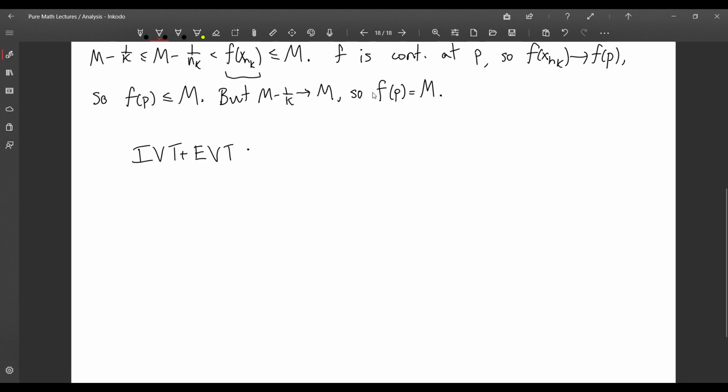And if you put these two things together, you get that if you apply a function f to A to B, the image is going to be a closed interval, from the minimum of f on A to B to the max of f from A to B, right? Because by the extreme value theorem, we know it obtains a minimum and a maximum, and by the intermediate value theorem, it has to obtain everything in between.